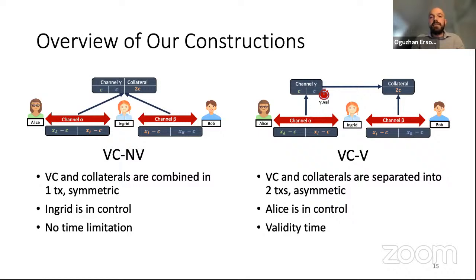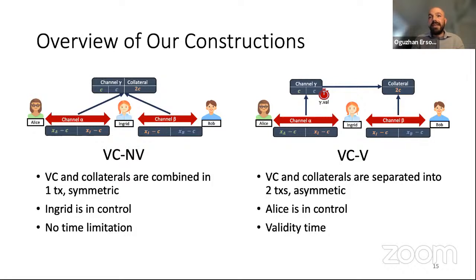Well, in the non-validity case, since there is no time limitation, if you want to have a channel without, let's say, a time limit, I would suggest the non-validity case. In this case, Ingrid, the intermediary party, needs to be online and checking whether one of the parties wants to close this channel.